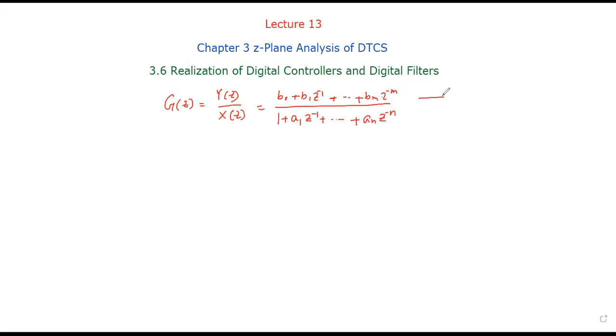So we have m number of zeros and n number of poles.